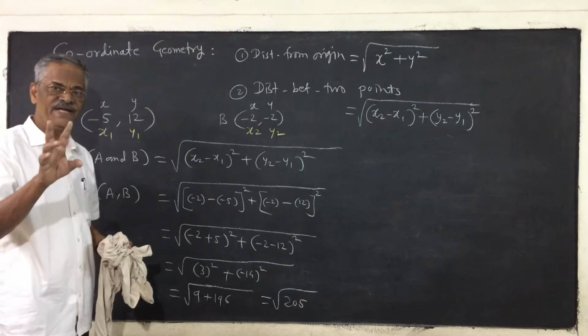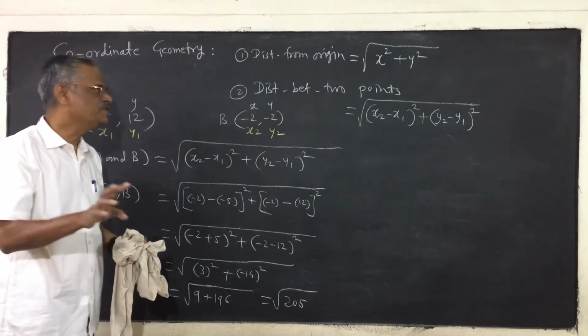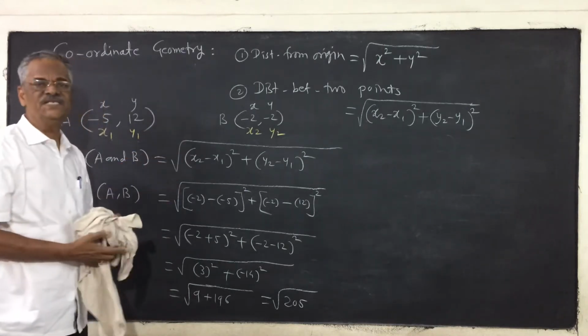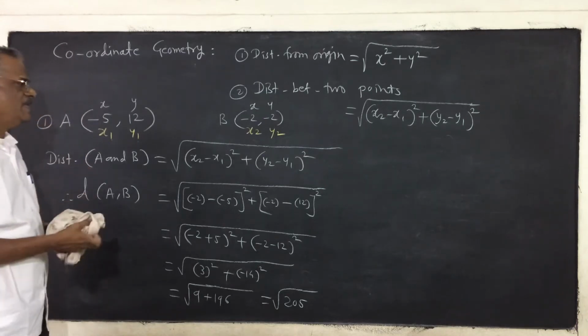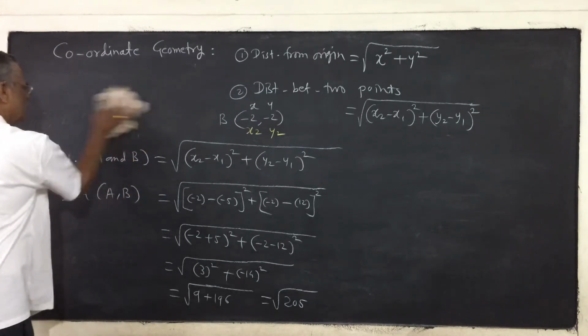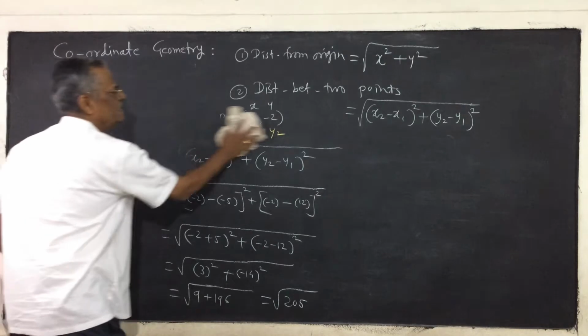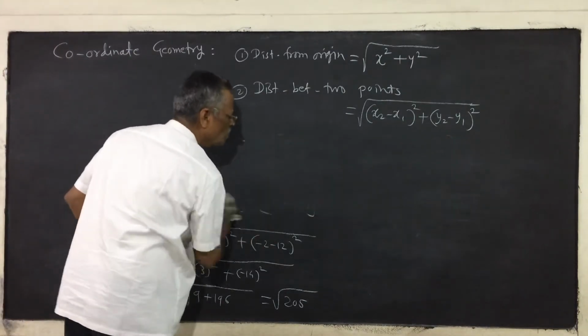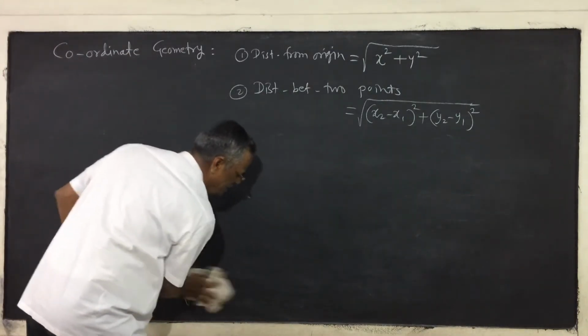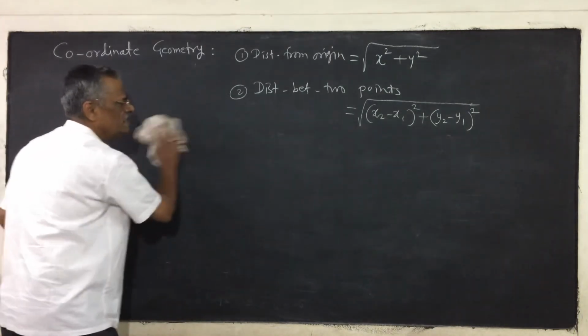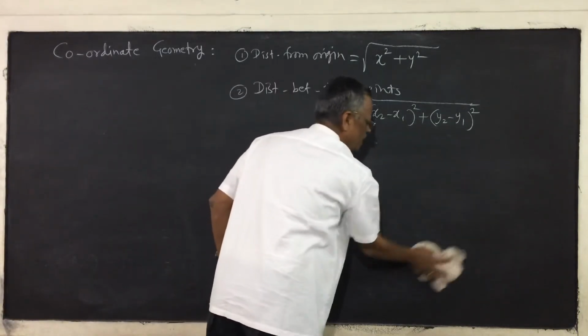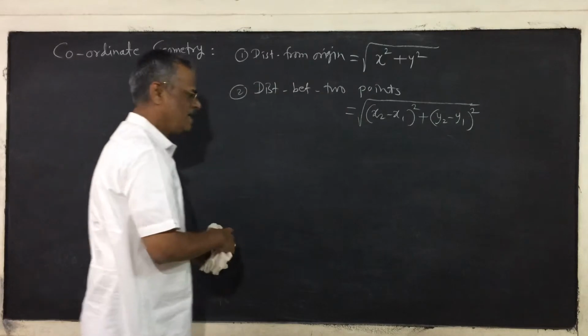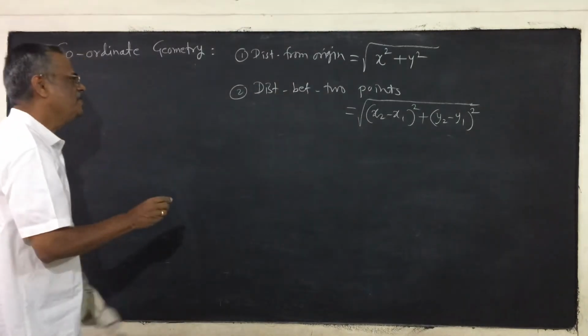To calculate distance between 2 points, we have to use the distance formula. Now let us have another example. Single example only. Let us see the another example in this video.